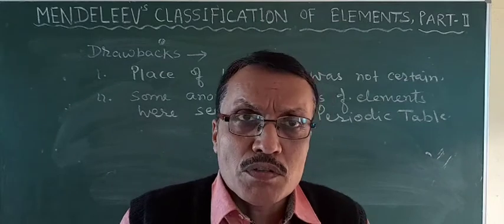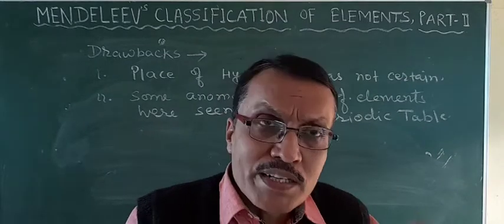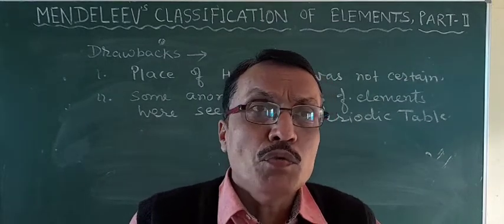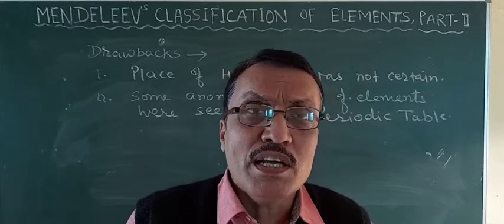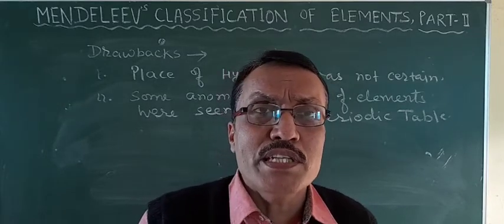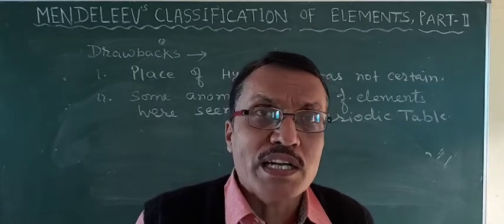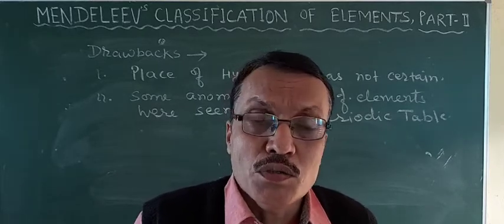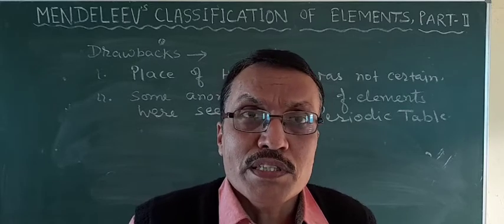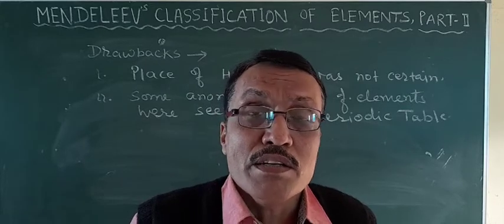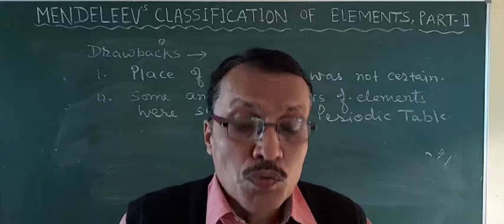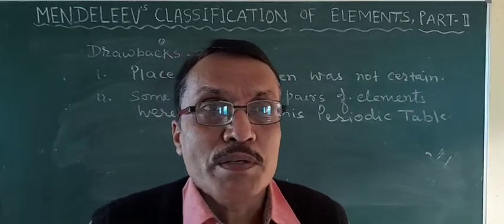As you know, Mendeleev was guided by two factors. Although he arranged elements on basis of increasing atomic mass, but somewhere while arranging elements, he ignored the order of increasing atomic mass and strictly followed the rule of similar property.